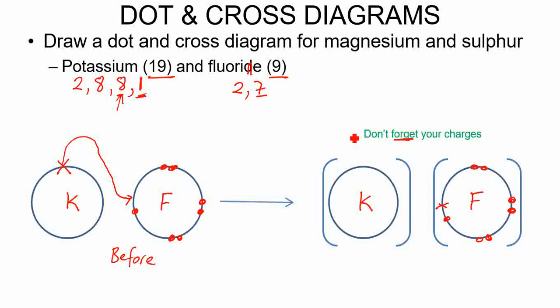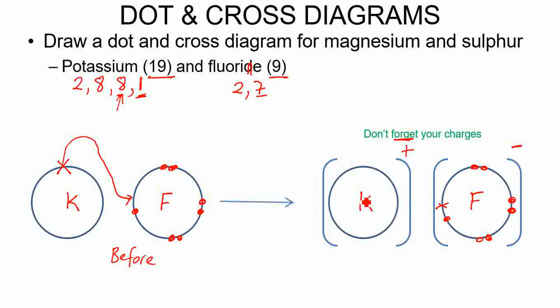Now this tends to be an issue for a lot of kids, right? Because potassium has given an electron and electrons are negative, the potassium which is left back is positive. Because fluorine has gained an electron, it's now gained a negative particle, therefore fluorine is now negative.